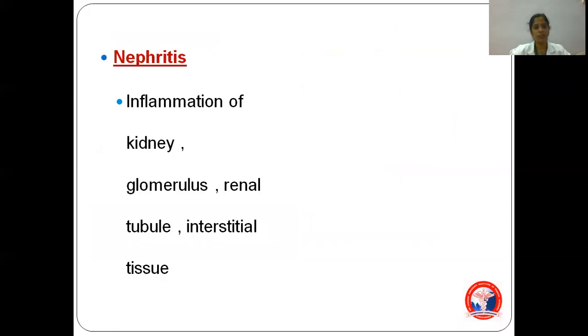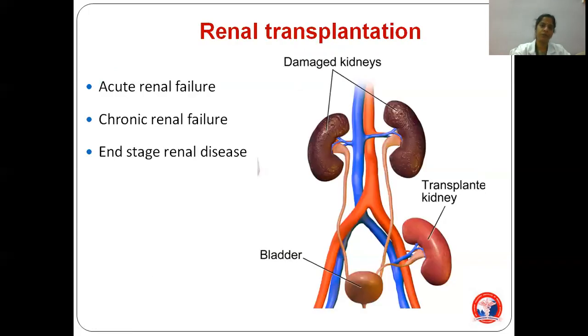Then infection may lead on to inflammation. The inflammation of the kidney is named nephritis. Inflammation may be in the glomerulus, in the renal tubule, or in the interstitial tissue. That is named nephritis. Okay. Then in acute renal failure, we will give dialysis. If it doesn't subside and they continuously need dialysis, that is named chronic renal failure.